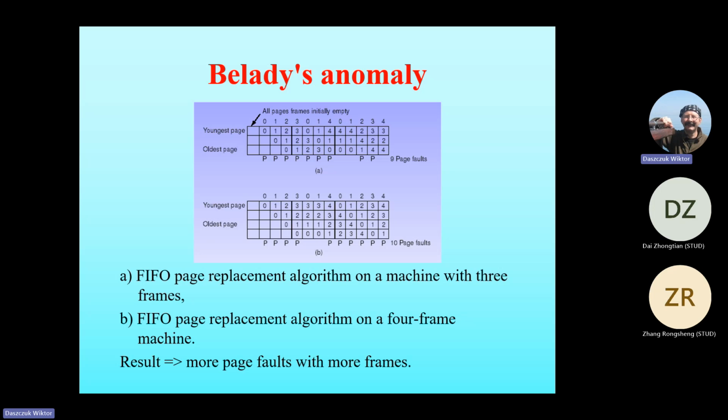In every row in which we don't have the accessed page, we have a page fault. It is marked P. Totally, we see that the history of loading pages says that we have 9 page faults.